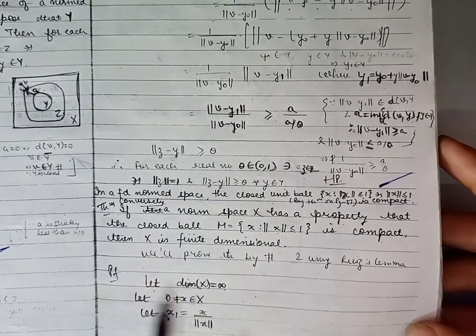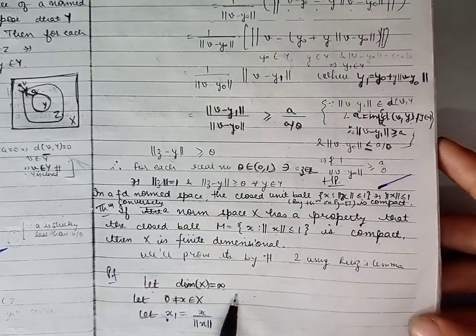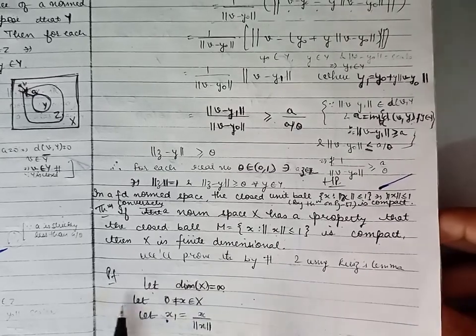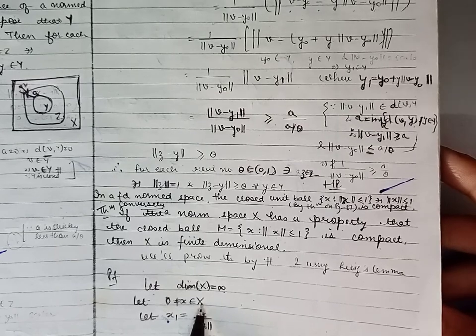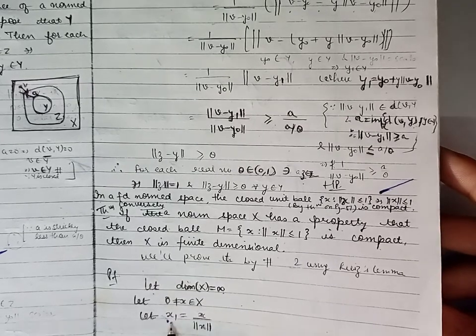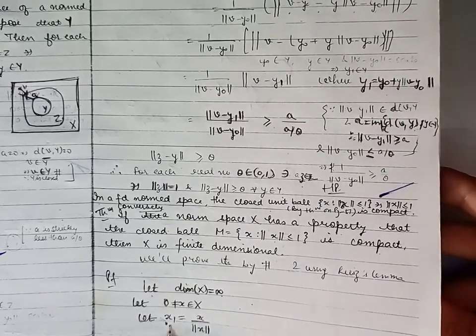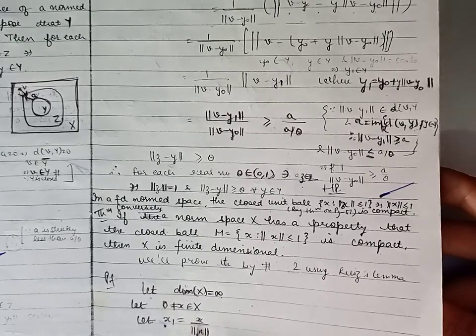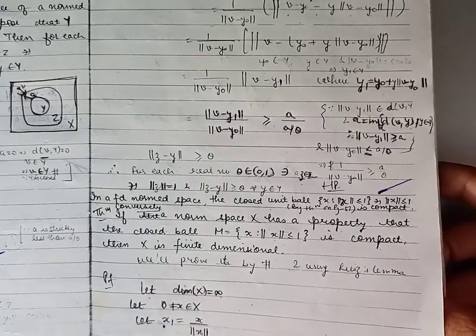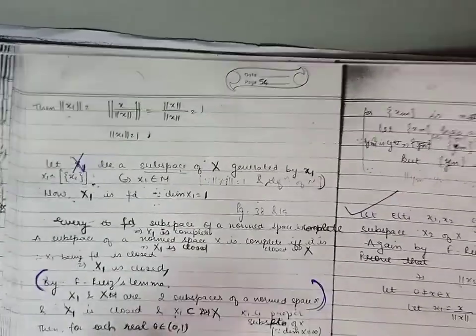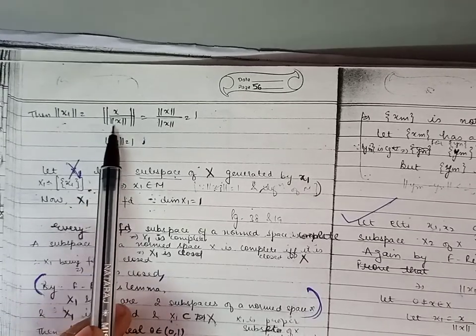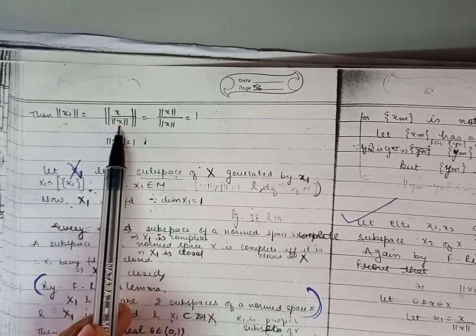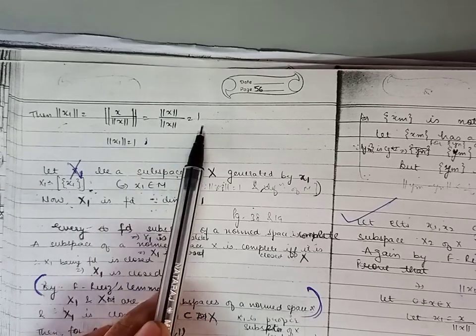So let us suppose the dimension of X is infinite, and let us take a non-zero element x belonging to this normed space X, and we define a vector x1 obtained by dividing x by its norm. Now we can see that the norm of x1 means the norm of x divided by the norm of x, so this will become 1.